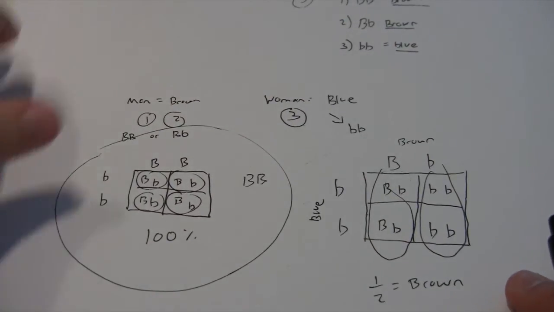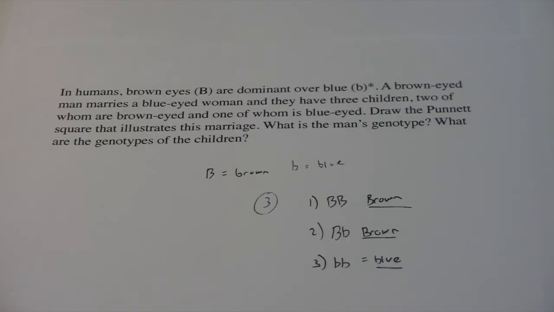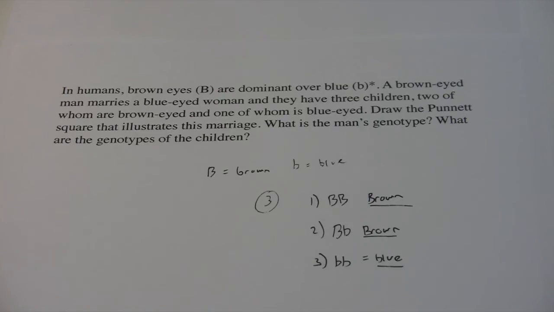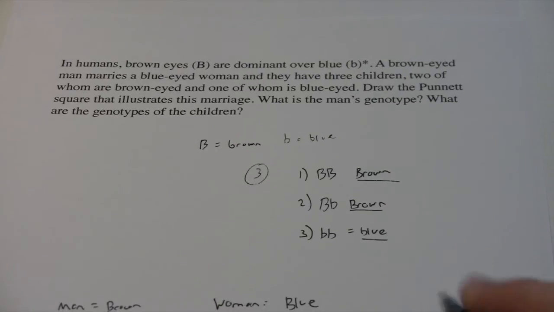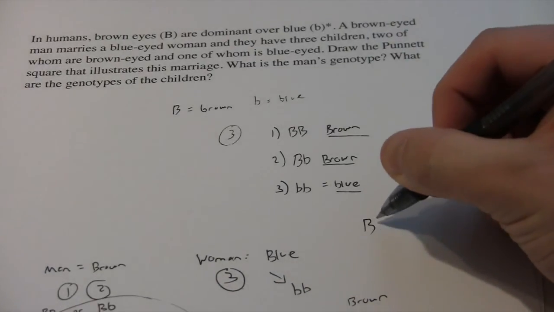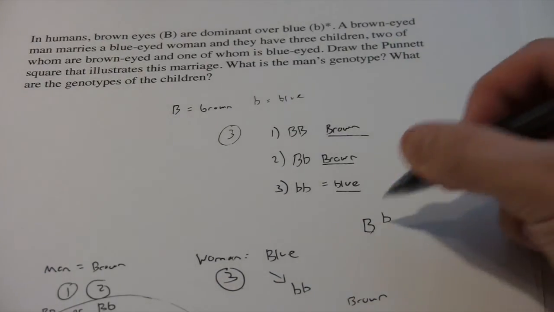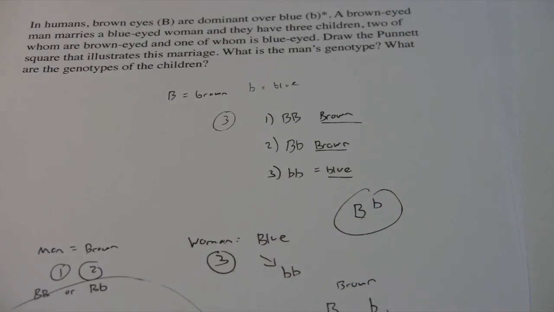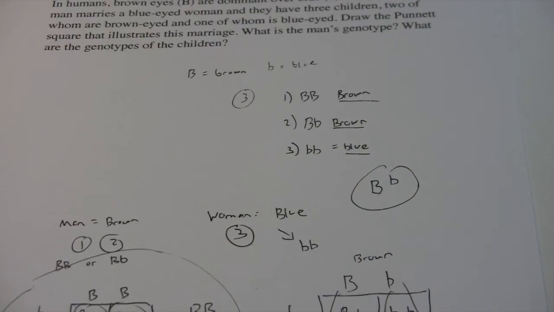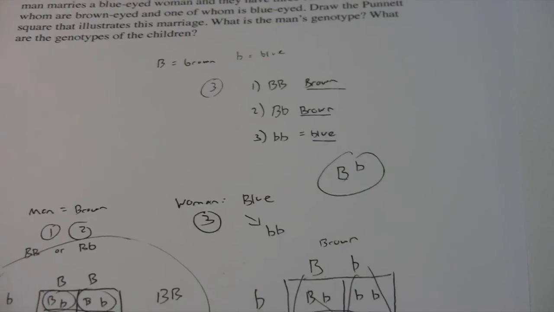So the second part of the question asks us, what is the man's genotype and what are the genotypes of the children? We've already determined that the man's genotype is capital B, lowercase b, the heterozygous determination. Now, what are the genotypes of the children? There are only two possibilities here.